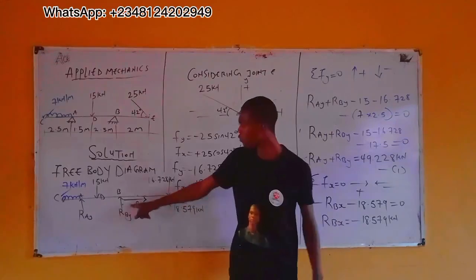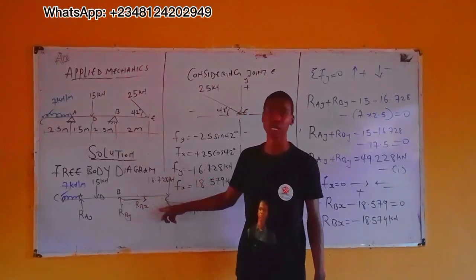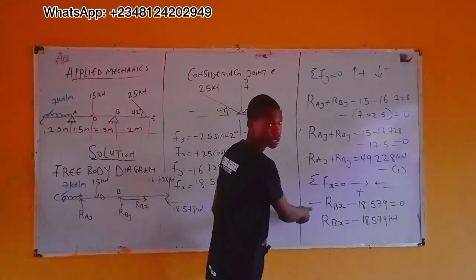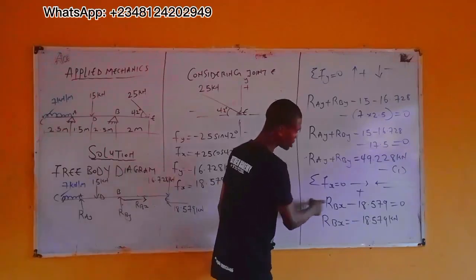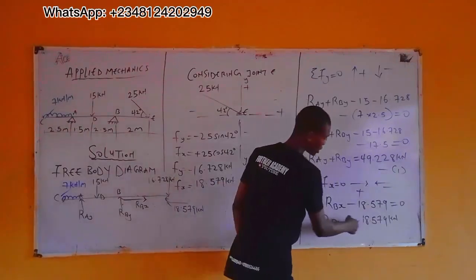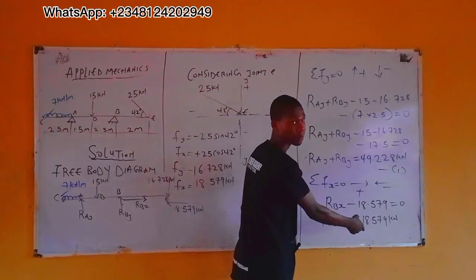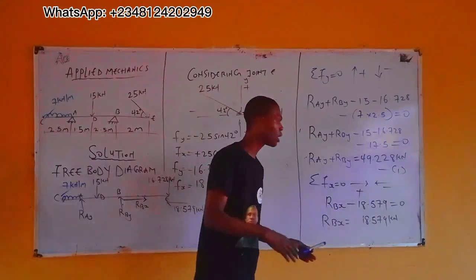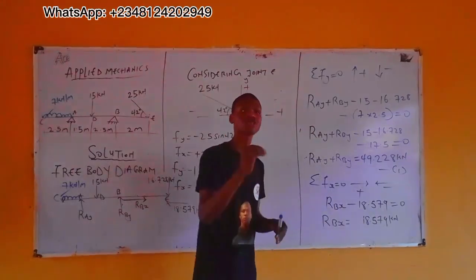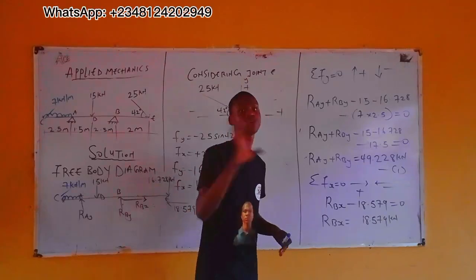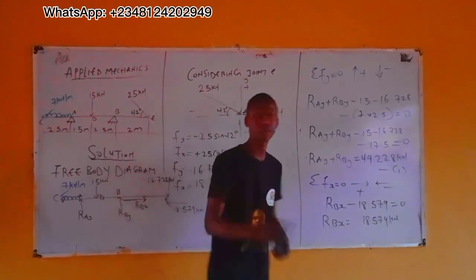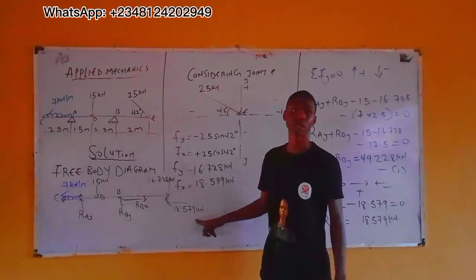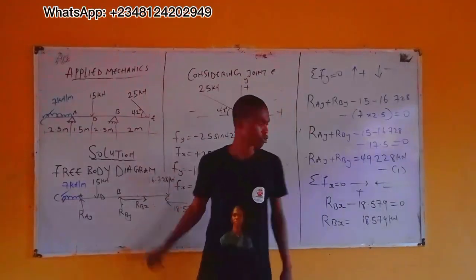If this was my assumption initially, RBX here takes positive, so by the time this goes to the other side, I have a positive answer. Whether you get negative or positive, you are interested in the magnitude and not the nature of the force. So this is your answer.